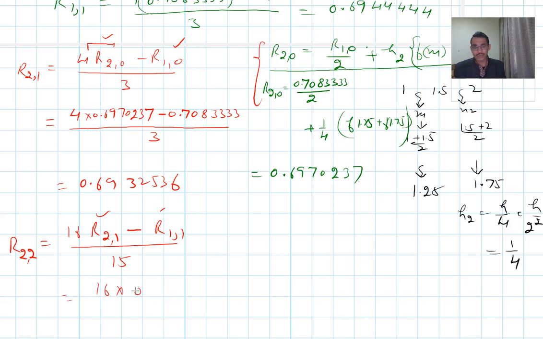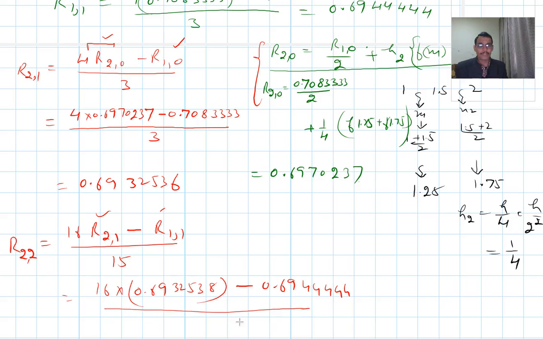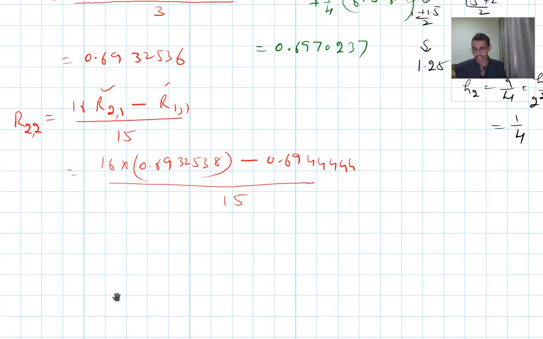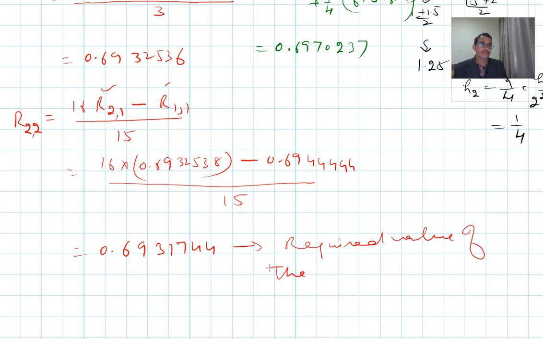So it is 16 into 0.6932538 minus 0.694444 whole divided by 15, and after simplification this will become 0.69317444. So this is the required value of the given integral evaluated using the Romberg formula, Romberg integration, right?